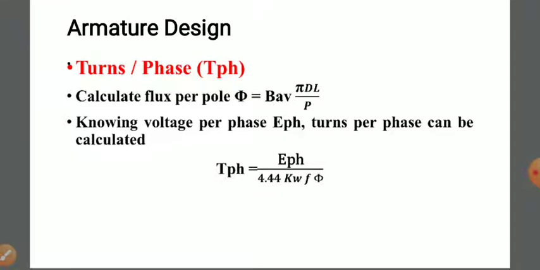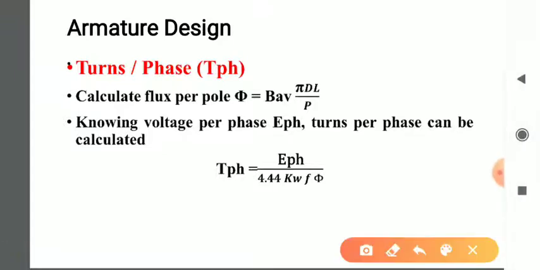So the armature design means the design of armature winding, and in it the most important thing is to decide the number of turns per phase engaged in the winding and the cross sectional area, that is the size of armature conductor.